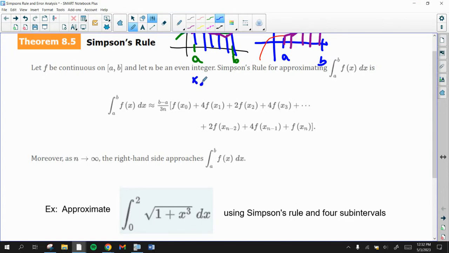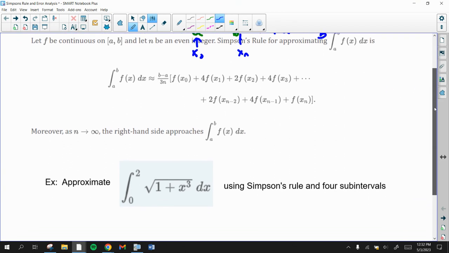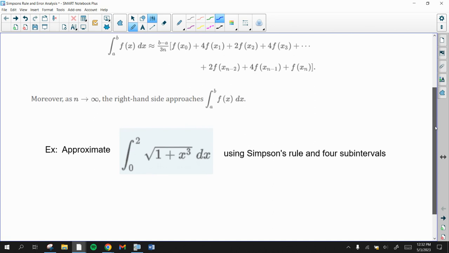The last one is x sub n. And then all the ones in between, x sub 1, x sub 2, are going to alternate between 4, 2, 4, 2, etc. So basically, it's more or less just a plug and chug thing. It's a complicated formula, but it's pretty easy.